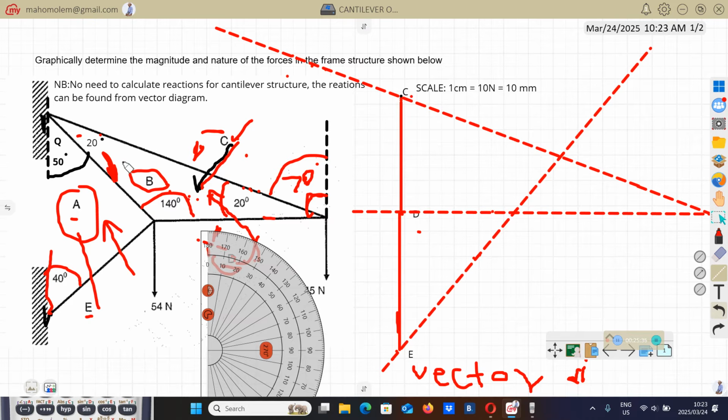Okay, from B to A, there is a line in between moving at an angle of 50 from the vertical.